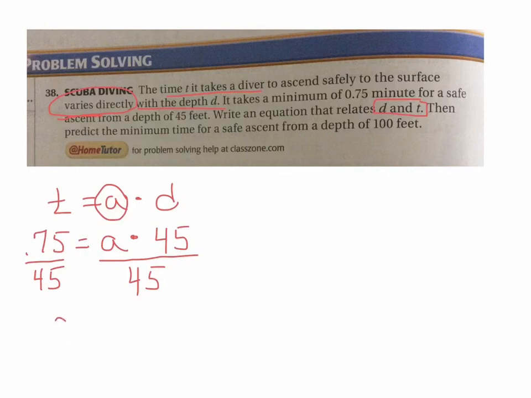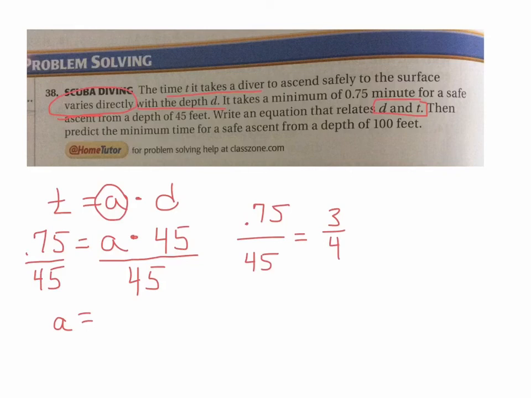And you're allowed to use a decimal if you would like. But I'm a fraction fan. Let me review with you real quick how you would do this if you didn't have your calculator. So we have 3/4, which is 0.75, divided by 45.